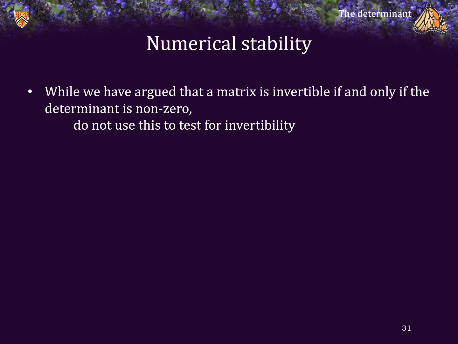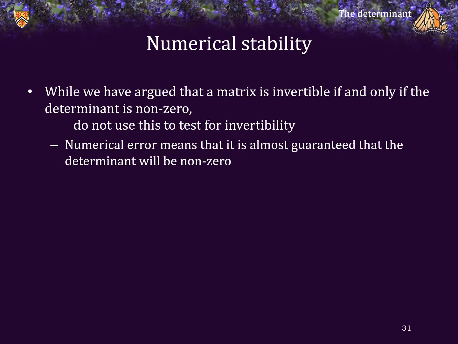All right, now while we have argued that a matrix is invertible if and only if the determinant is non-zero, do not ever use this test for invertibility. Numerical error means that it's almost guaranteed that the determinant will never be 0. It will almost certainly be a non-zero value even if the determinant is 0.